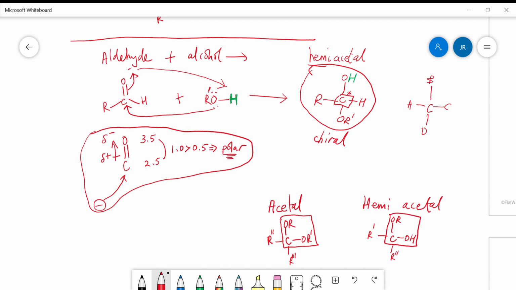So it's half because it's only got one OR, whereas the full acetal has two ORs. So whenever you see this, and we can see our carbon here with its OH and its OR, we notice it's a hemiacetal. This is going to become important when we cyclize these monosaccharides.